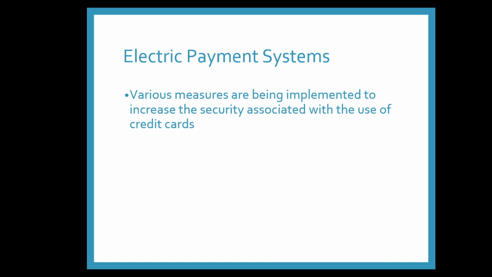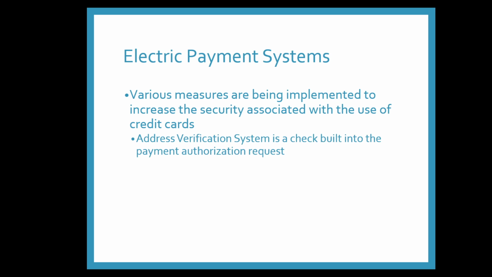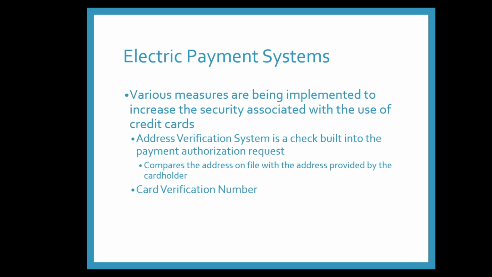There are also measures being implemented to increase security with the use of credit cards. First is the address verification system, which compares the address on file with the address provided by the cardholder. Also there is the card verification number, a check of additional digits typically printed on the back of the card.